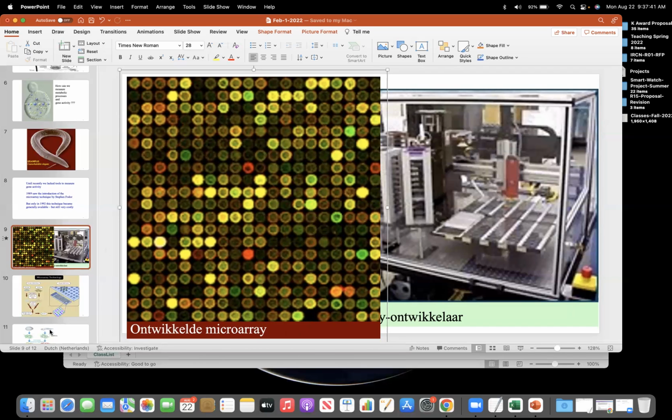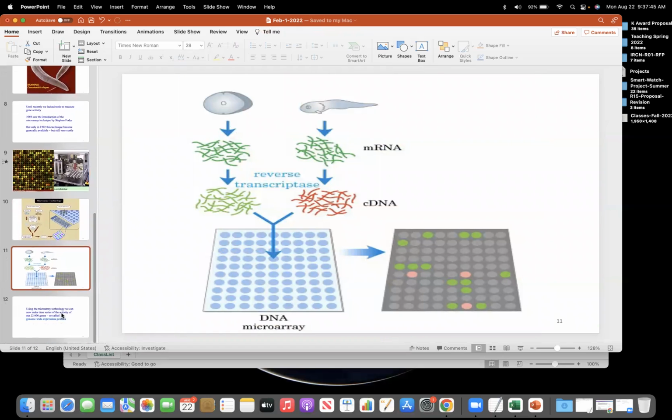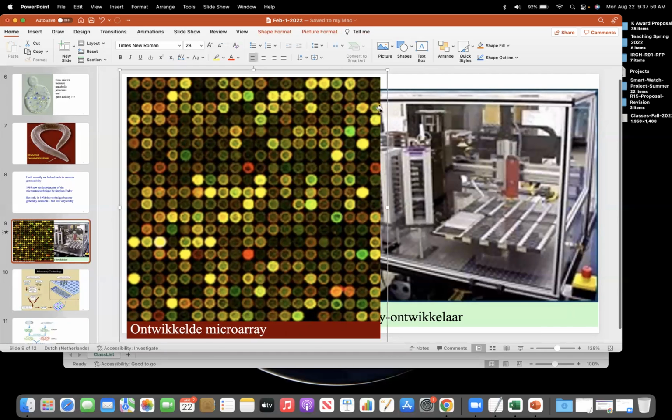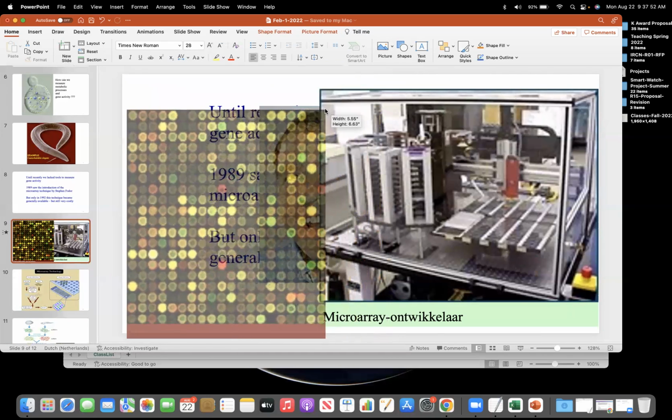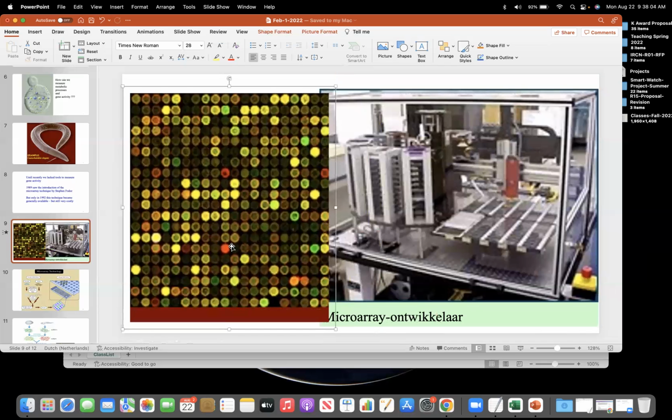So in the next slide, I'll show you this technology, and then there are a few other slides which give you more description on how it works. But at the end, you will get these intensity values, and based upon these intensity values, you know which genes are more expressed, which genes are less expressed, and which genes are not expressed at all.